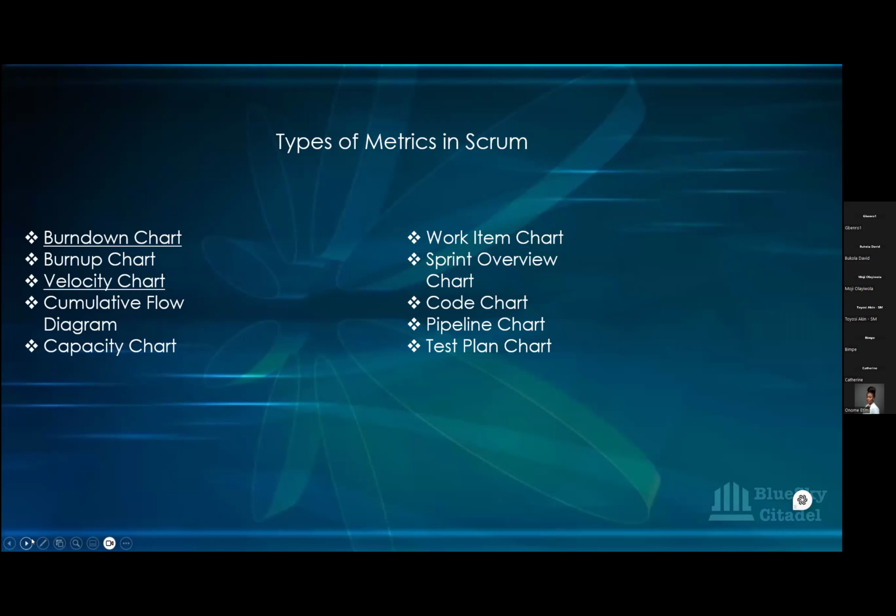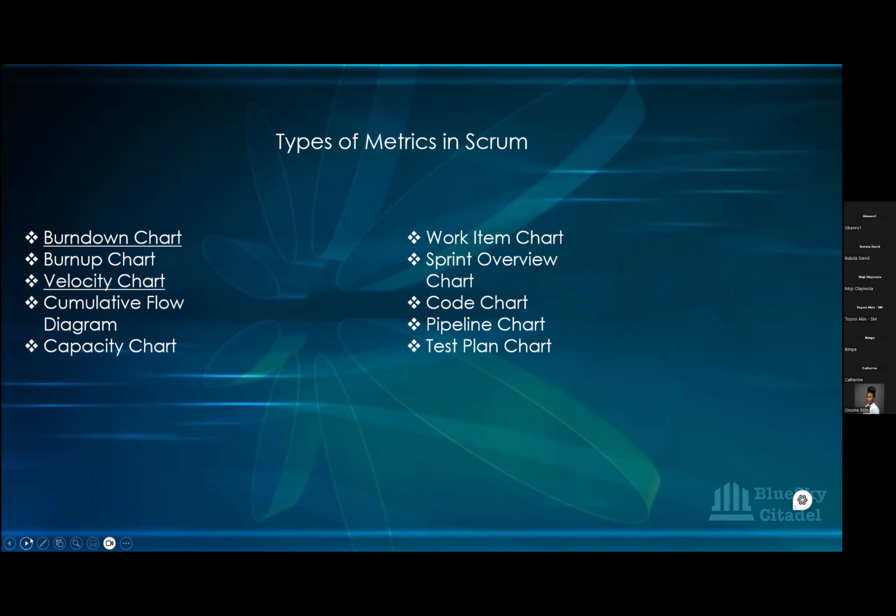You have the pipeline chart, again for developers and testers, and the test plan chart also. There's a test progress report which you can generate, that can help the testers know if they are running enough tests during the sprint. These are charts that you can also put on the report so that you're measuring what they are doing.